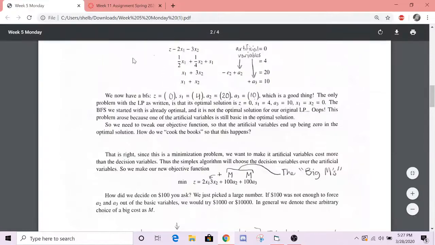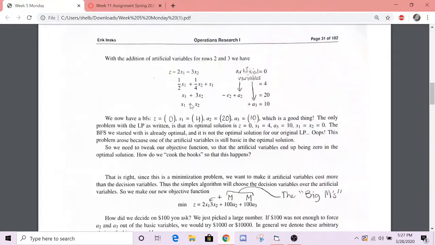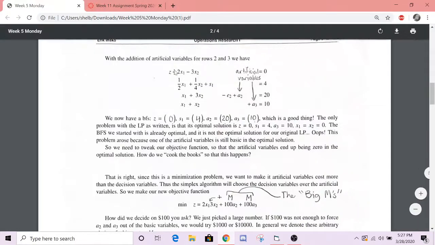So with the addition of artificial variables for row 2 and row 3, which were our problem rows before, we have this new setup of equations where A2 and A3 are our artificial variables.